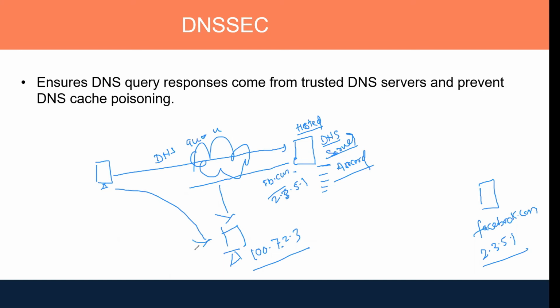Considering this, the DNSSEC feature was offered, which was introduced by the IETF, the Internet Engineering Task Force. They worked on DNS security and said that whenever the reply is coming, make sure a digital signature is attached with the reply.